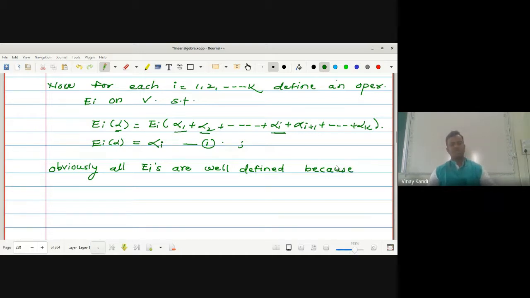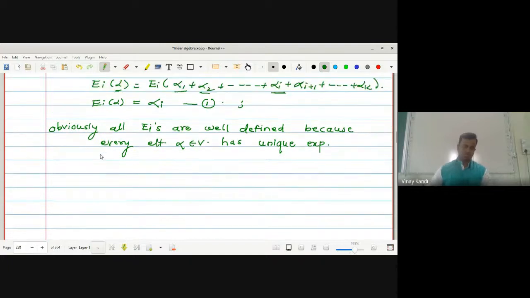Because every element alpha belonging to V has a unique expression. Now this is the function we define, and this operator is well defined. Now we have to prove that these E_i are linear functions. I have to show that it is a linear operator.